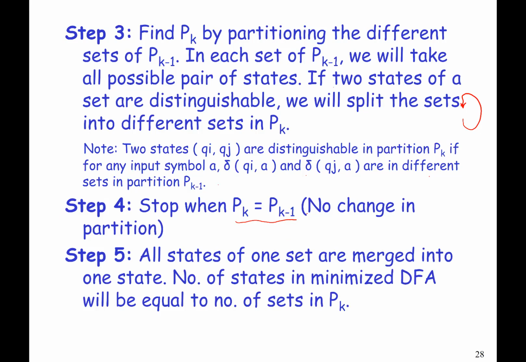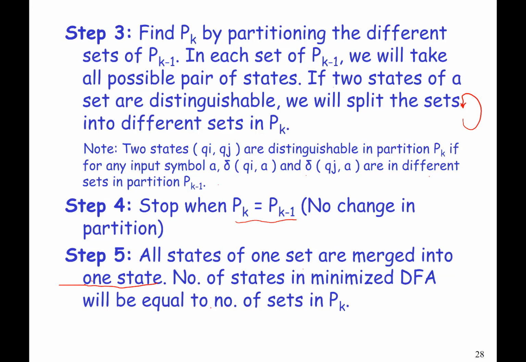Then all states of a set in a partition, because they are equivalent, can be merged into one state. So the number of subsets of states in the partition will be the number of states in the minimized DFA.